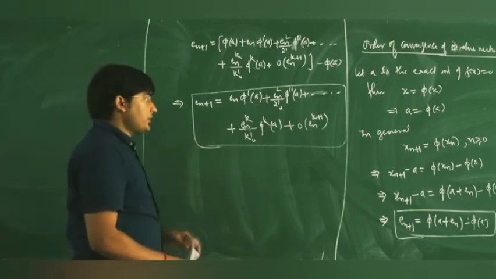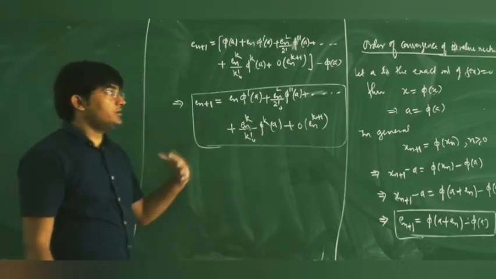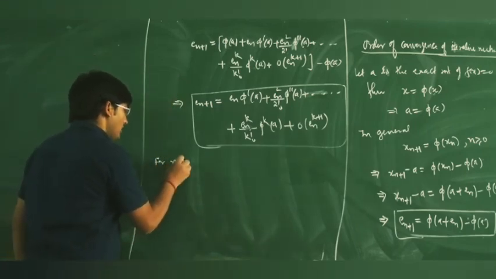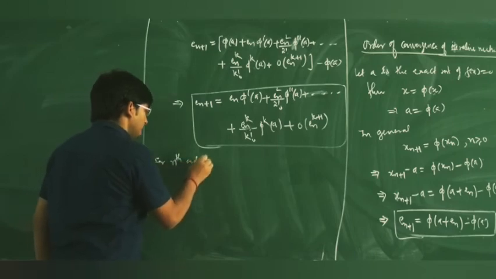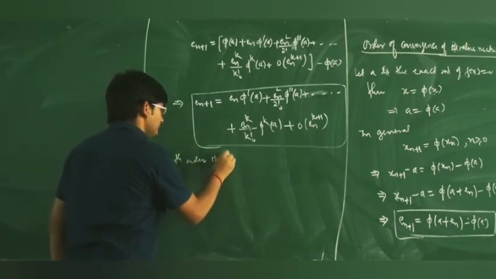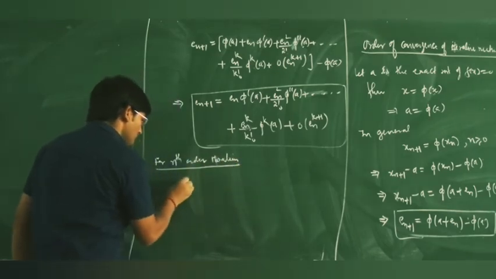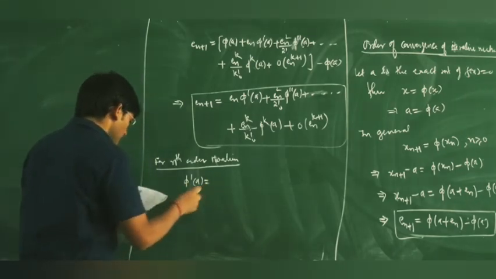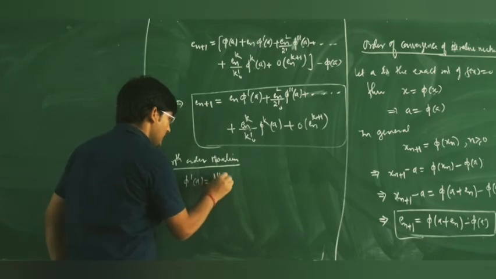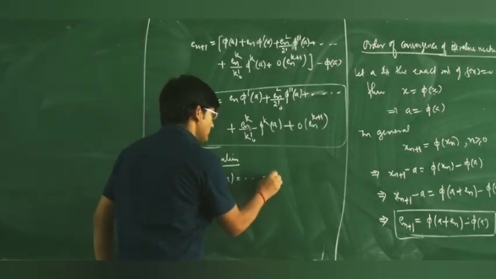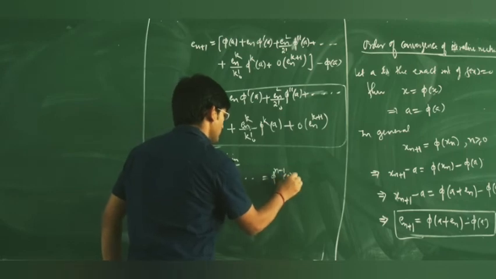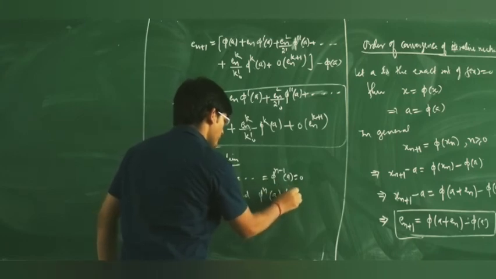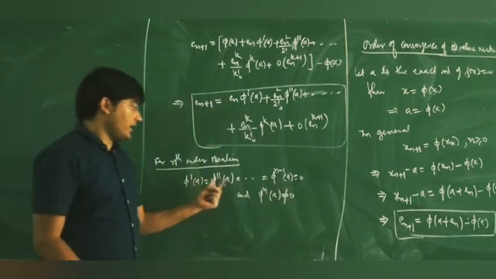First of all, let us find out the order of convergence for the kth order iteration. For the kth order iteration, phi dash a equal to phi double dash a equal to up to phi^(k-1) of a is equal to 0, and phi^(k) of a is not equal to 0. So for the kth order iteration we have this condition.